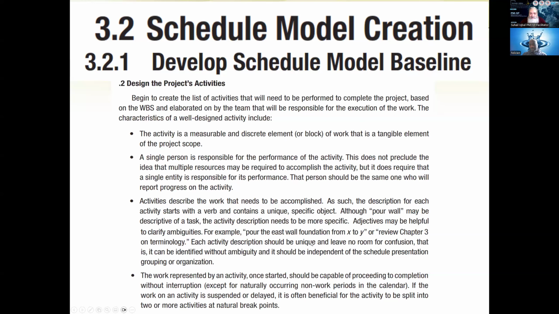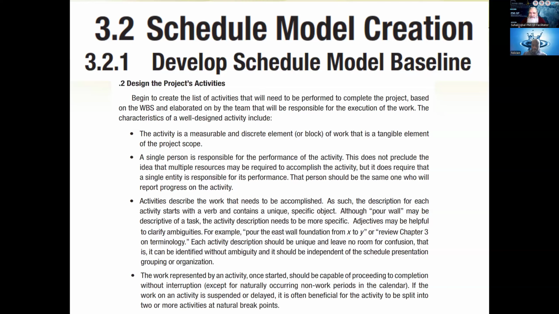Each activity description should be unique and leave no room for confusion. You can't say, like, I'm using pour wall. There are 20 walls in this construction. Every wall can't be called a pour wall, right? They must have distinct names. For example, pour east wall, pour west wall, and things like that.